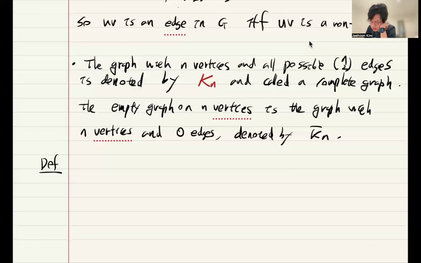And we give names to subgraphs of a certain graph which look like a complete graph or an empty graph.